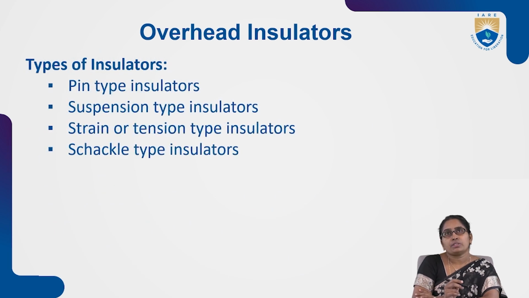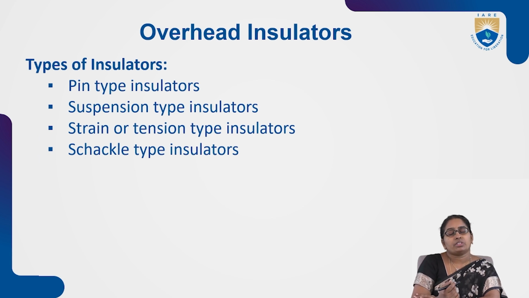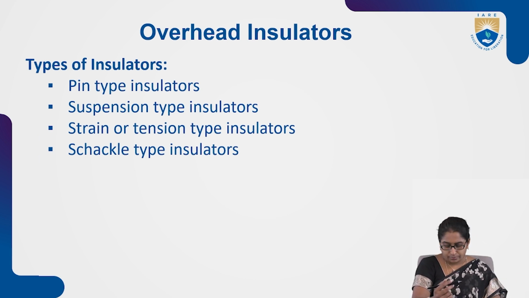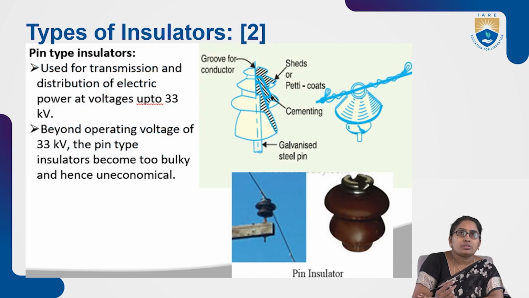Next, types of insulators. Generally they use, first, the pin type insulator, then the suspension type, third, the strain or tension type insulator, and fourth, the shackle insulator. First one, the pin type insulator.